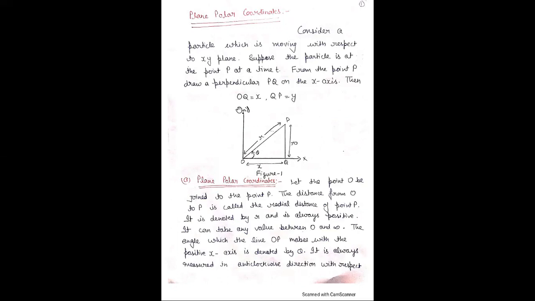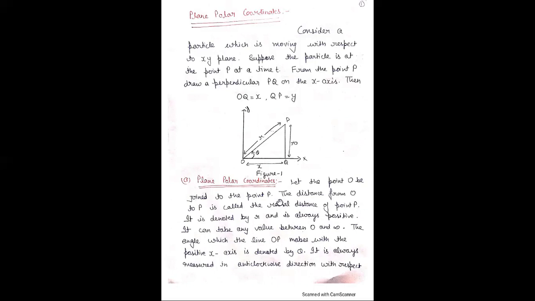This is in the XY plane. Here OQ is equal to X because it's along the X axis, and QP is Y because it's along the Y axis. Now the distance from O to point P is called the radial distance of point P, denoted by R, and is always positive.